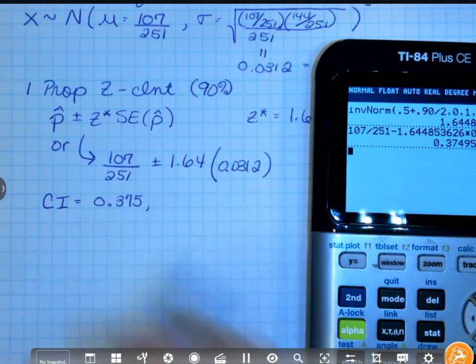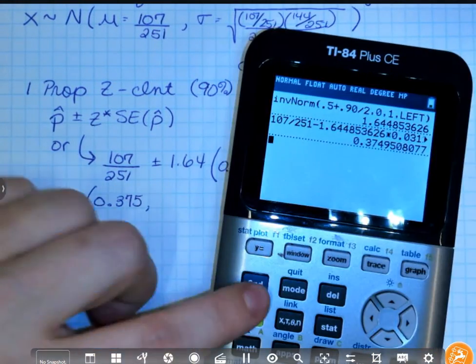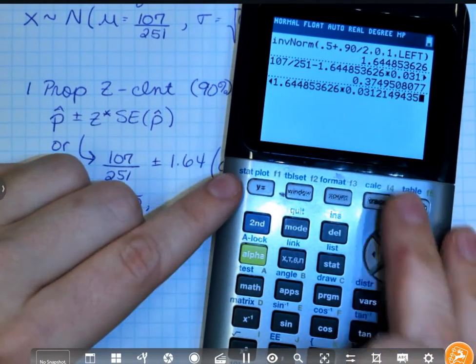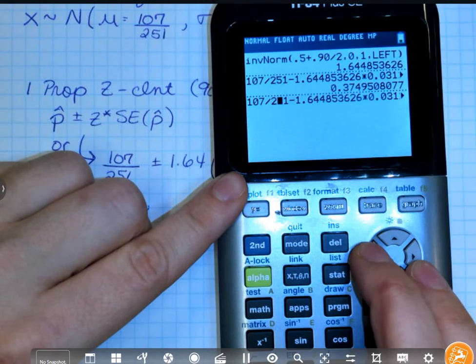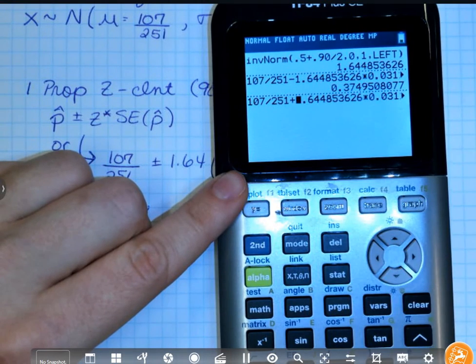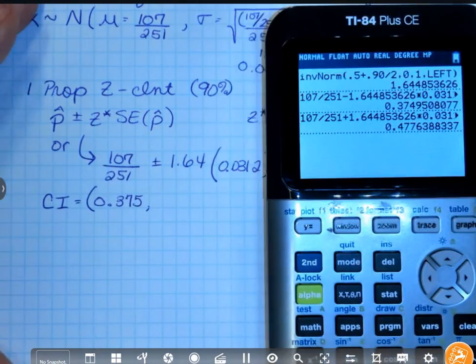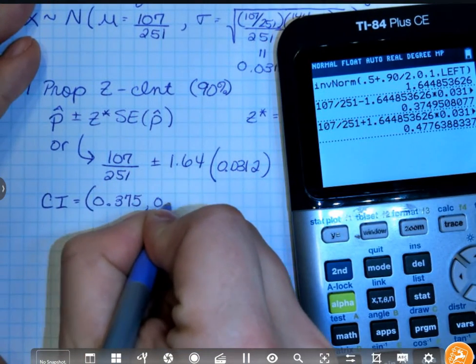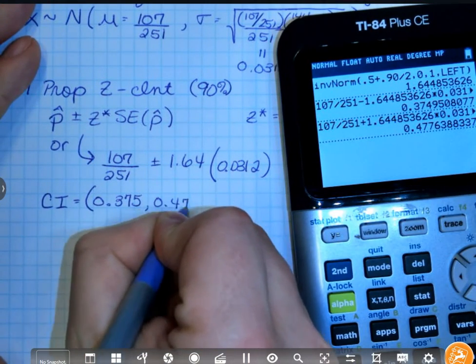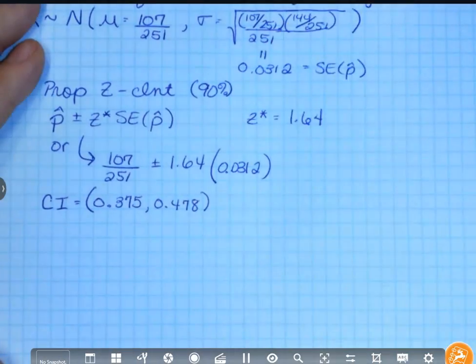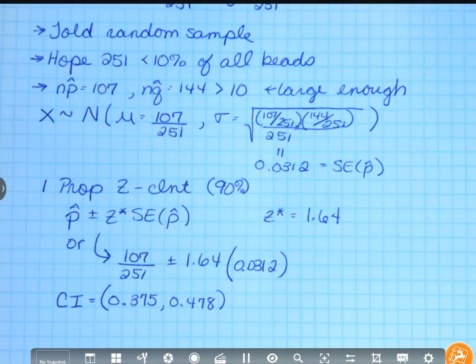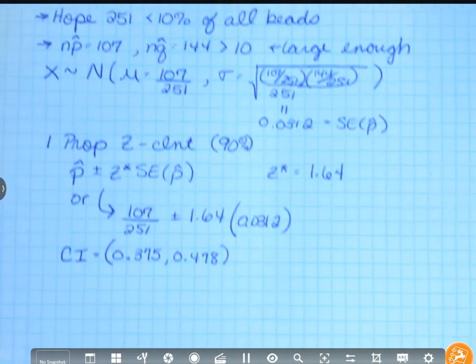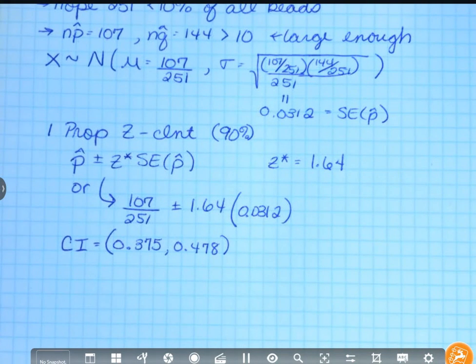And that's my lower number. Then I'm just going to do second enter to get all that back, and I'm going to change my minus to a plus. 0.478. Okay?